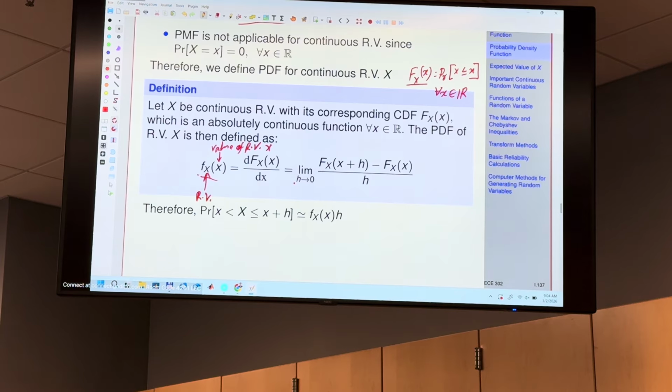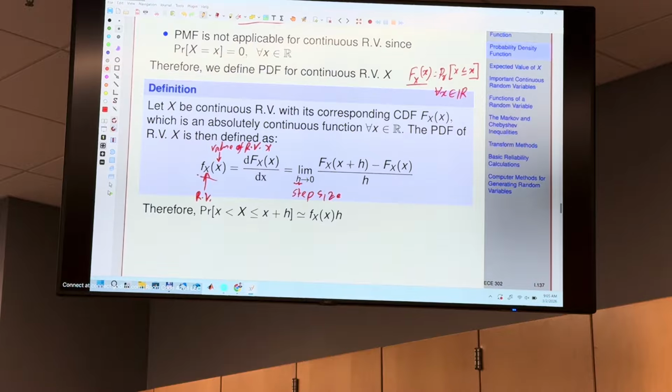This h is the step size. It discretizes the continuous function, and you make it very, very small, with h tending to 0. Then you can define the derivative as such.